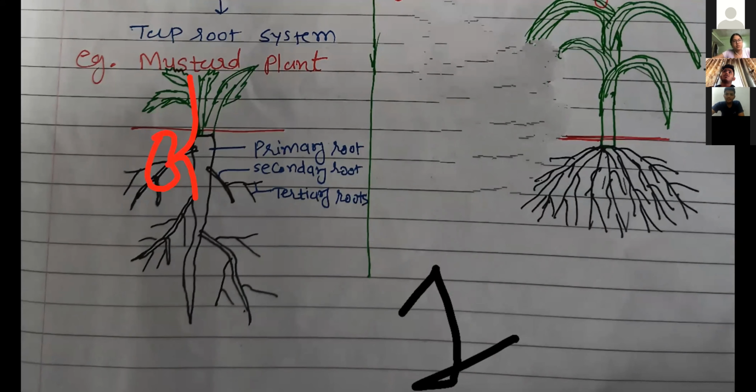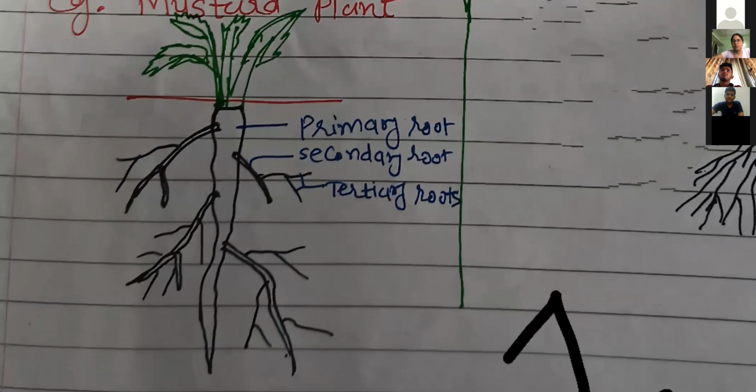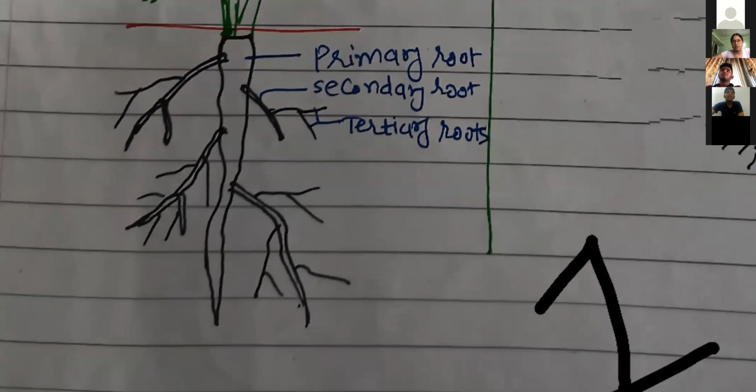Now this radicle further grows and elongates and forms a primary root, which is the main, thickest one. Compared to this, there are secondary roots and tertiary roots, which are branches. Primary, secondary branches, tertiary branches. Remember, this is the main one that arises from the radicle.